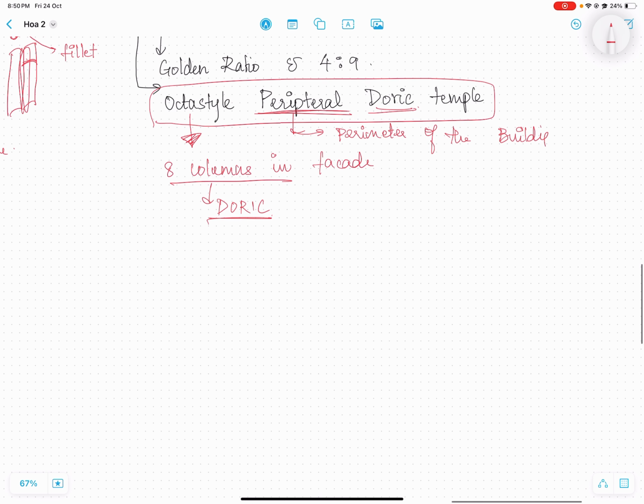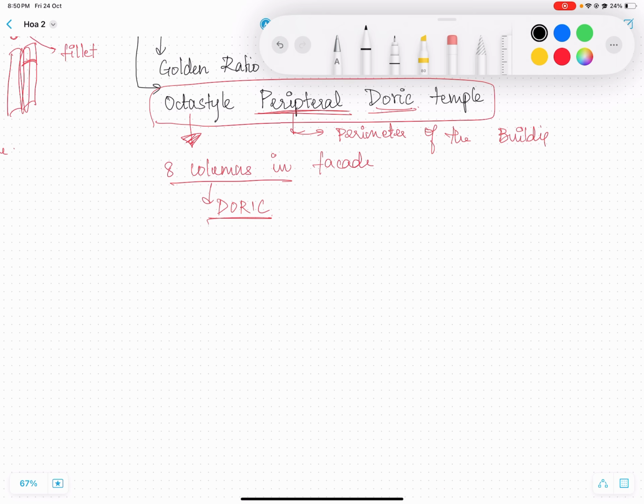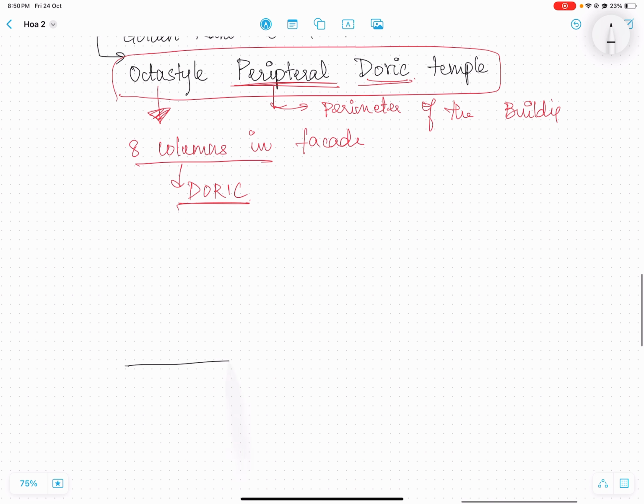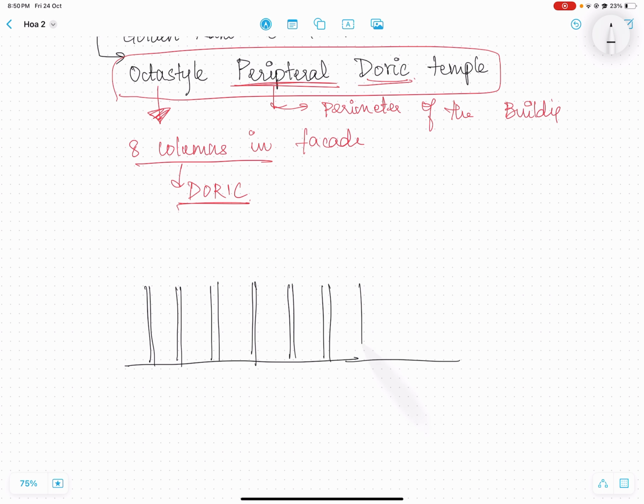Now about the ratios. So imagine 1, 2, 3, 4, 5, 6, 7, 8. So imagine this is Parthenon.